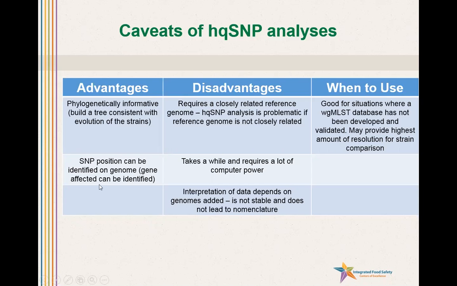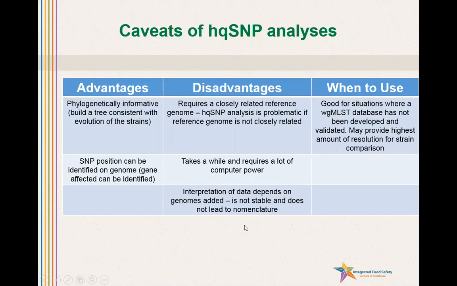SNP position can be identified on a genome, so we can figure out which gene is affected by a difference. That can be valuable as we identify differences. If you have a food and a human isolate, for example, that differs by a number of SNPs, and these are SNPs in a surface molecule that is a target for the immune response, we can logically deduce that some changes in this domain in this gene might happen during passage through a human.